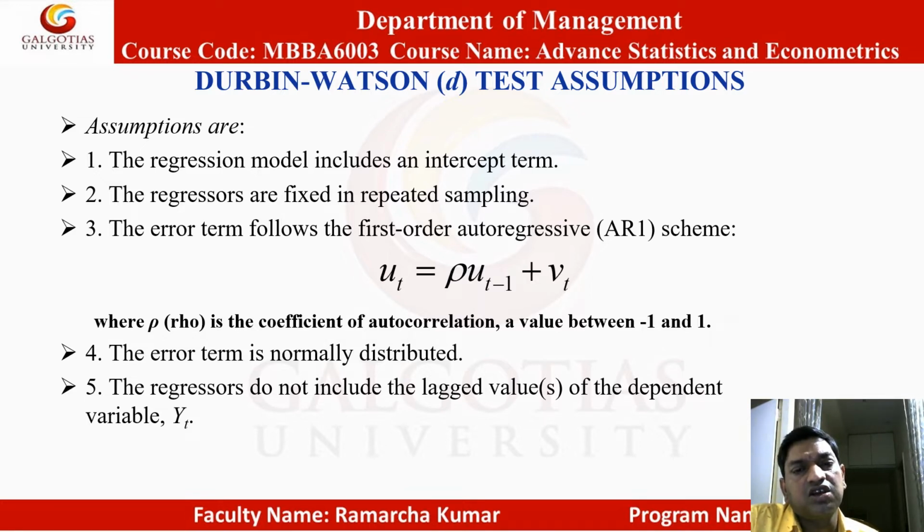So u_t is rho times u_t minus 1 plus nu_t, where rho is the coefficient of autocorrelation between the variable u_t. This coefficient can take a value between minus 1 and 1. If it is 0, then they are independent. The error term is normally distributed. Here we are assuming that the error term of this regression, that is nu_t, is normally distributed. The regressors do not include the lag value of the dependent variable y_t.